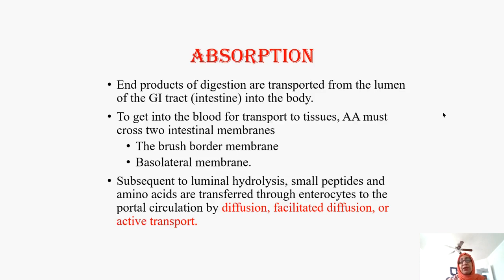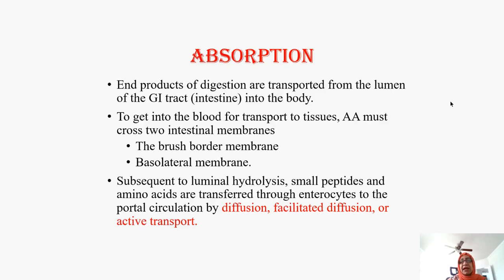Number two, normally when we take proteins, we don't take them as free amino acids. Most of the time, we take them as complete proteins, and then we have to degrade them, with just very few exceptions. There are some amino acid powders that people take when they are building up their muscles.